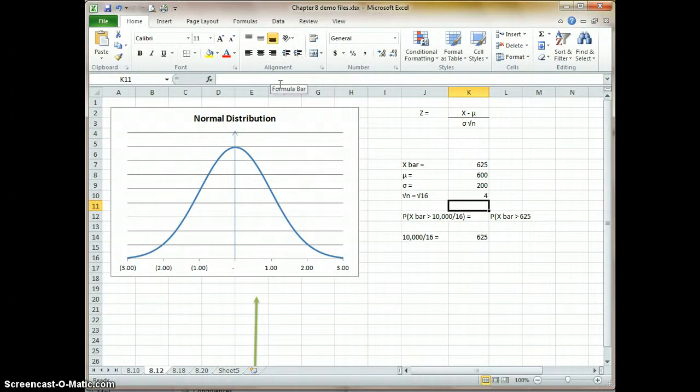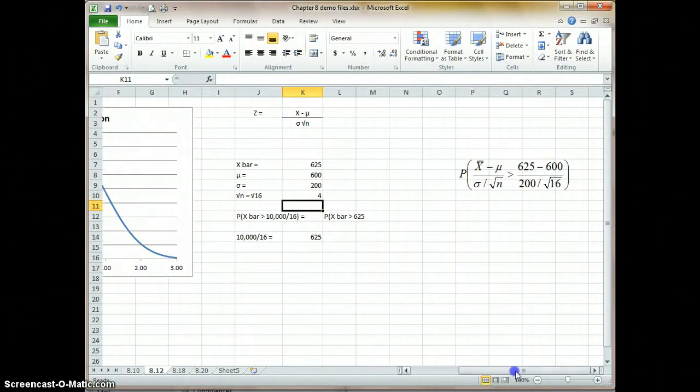So, as we continue on then, we also can see, if I scroll over here, I've got a copy of the formula here. So you see the probability of the x bar, which is the sample mean, minus mu, the population mean, divided by the standard deviation divided by the square root of n. So I guess we could have finished this one off, and now I can actually do this calculation.